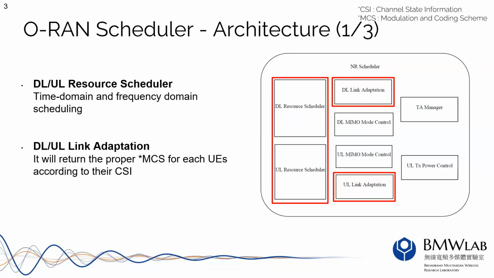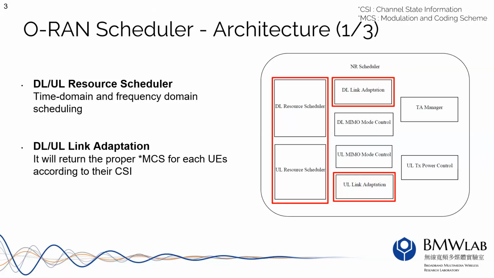We can change the modulation scheme and the modulation and coding scheme. We can change the MCS. This is done by the link adaptation module mentioned by Dennis. It can be changed over time based on the CSI of the UE. Oh, okay, I got it.